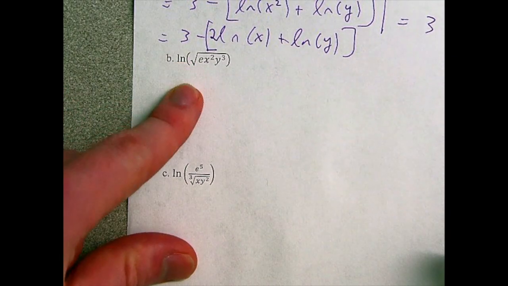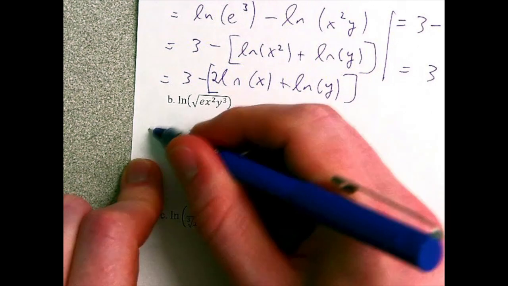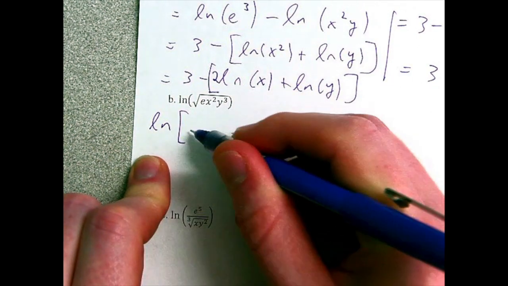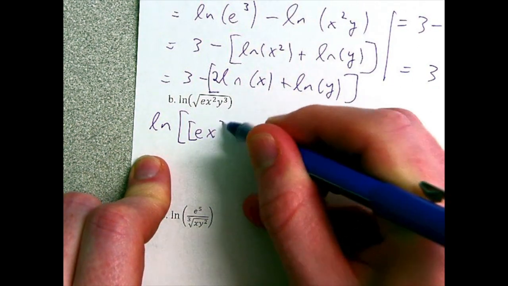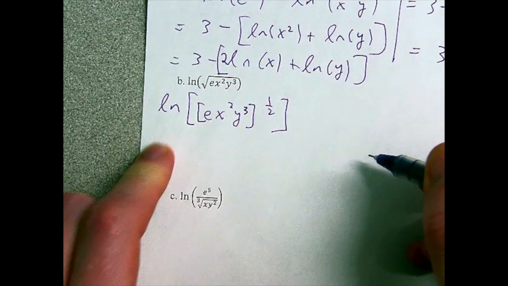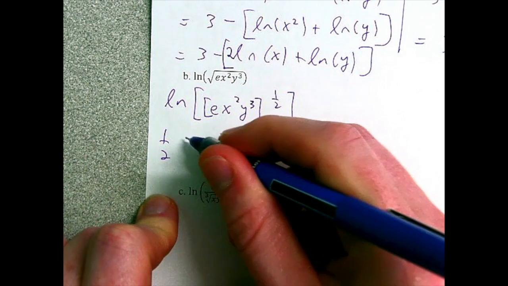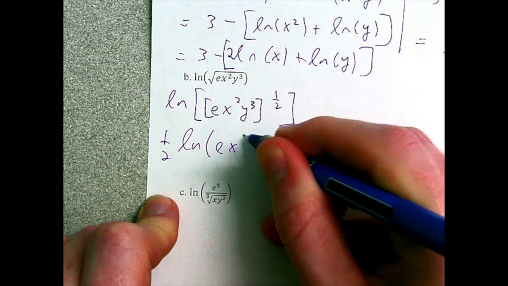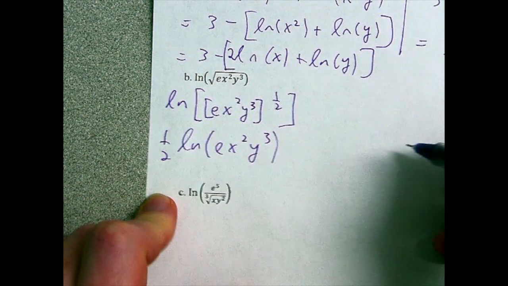These next two examples are very similar. So seeing that square root, I know that that means x squared y to the third to the 1/2, and that the 1/2 can be pulled out on the side. So we have this. Cool.